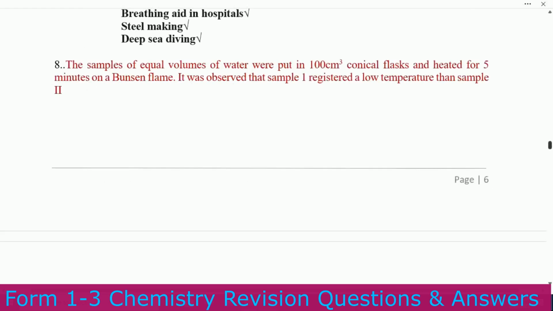Number 8, we are going to answer number 8. The samples of equal volumes of water were put in 100 centimeters cubed conical flask and heated for 5 minutes on a Bunsen burner. It was observed that sample 1 registered a lower temperature than sample 2.